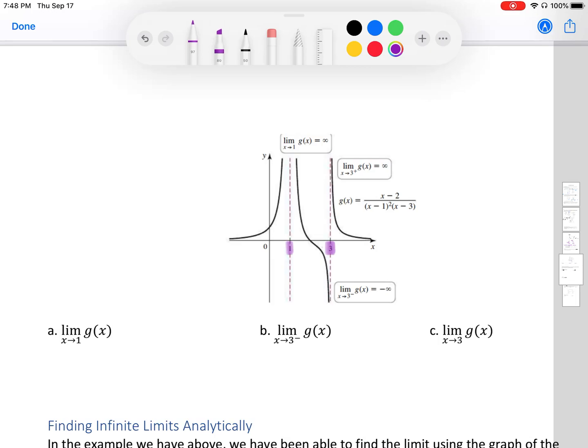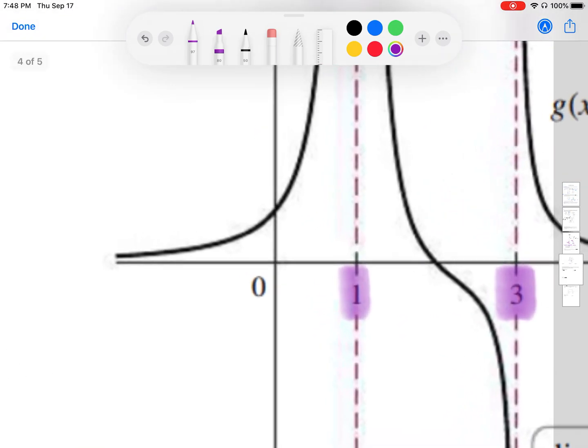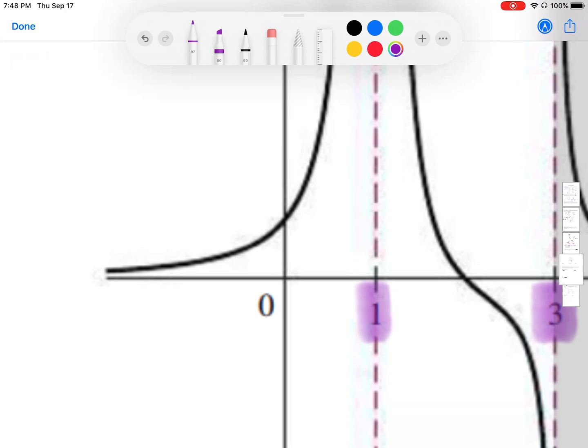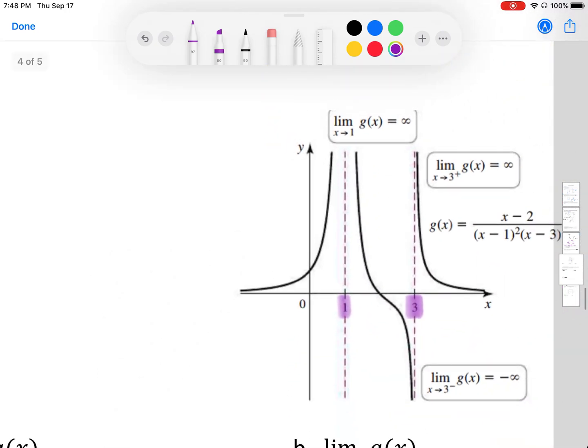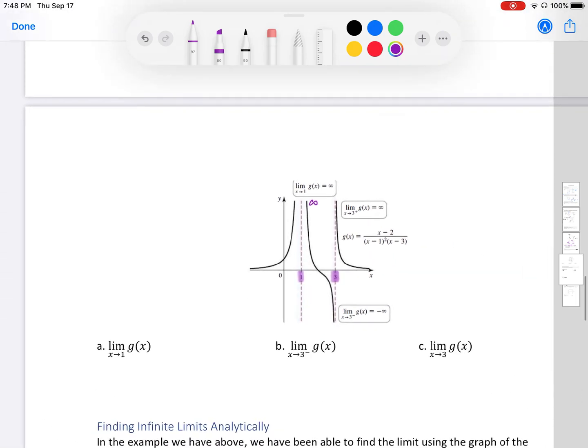For A, it's asking for the limit as x approaches 1 of our function. So we just take a look at 1. At 1, what's happening? Well, I see both parts of my graph are continuing on to the positive side, to positive infinity.